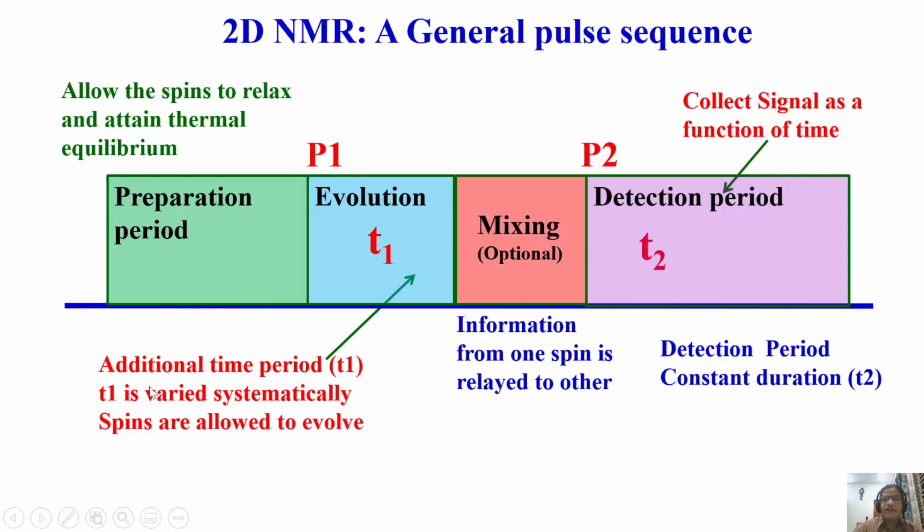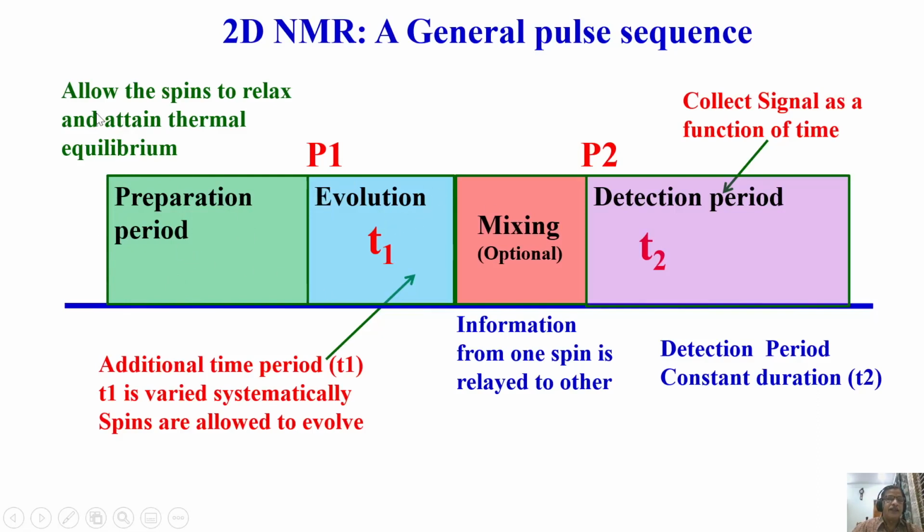What is happening in each of the pulse blocks? First, in the preparation period, we allow the spins to relax and attain thermal equilibrium. So we prepare the spin system for doing a specific experiment, for the next pulse to be applied and the information you want to get in this pulse sequence.